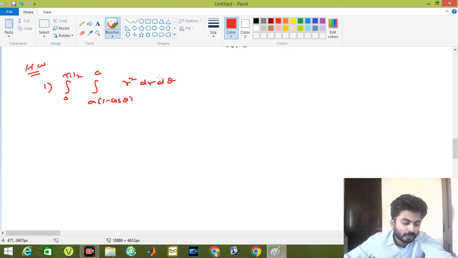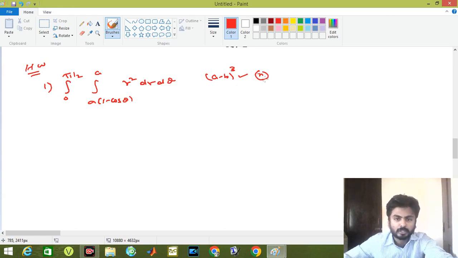Here you may be required to use the formula a minus b whole cube. This is one thing. Second, you may be required to use the power of sine formula, whether n is even or odd.